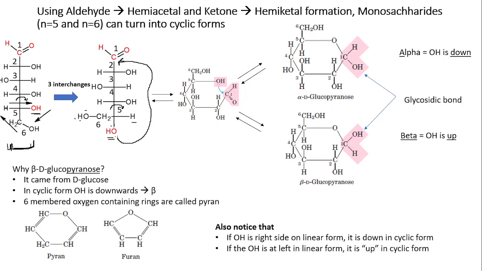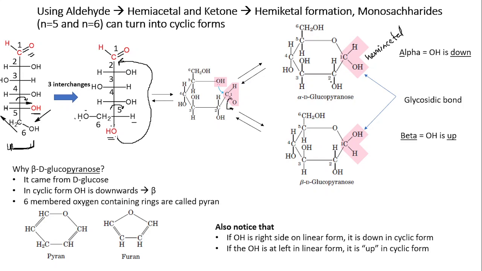This bond formation opens it up and forms a hemiacetal. Why acetal? Because originally it was an aldehyde. And why hemi? Because it still has an OH present here. So that is called a hemiacetal.